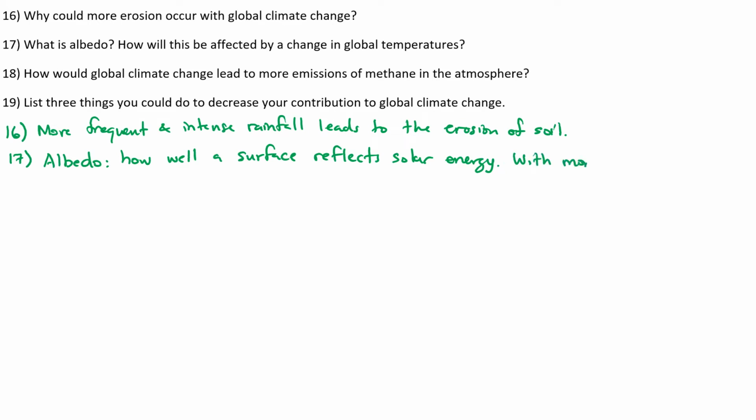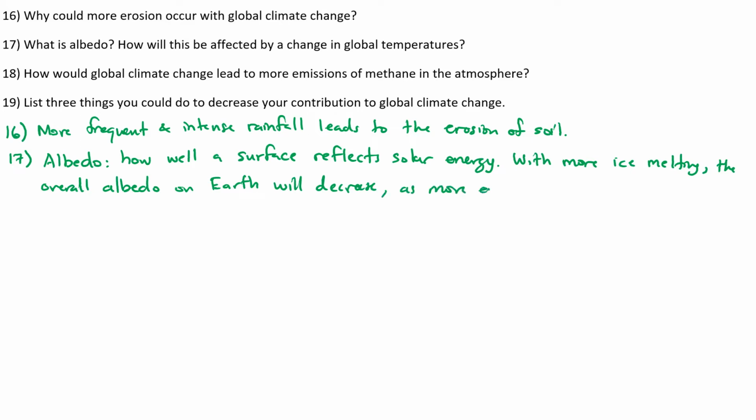With more ice melting, the overall albedo on Earth will decrease as more energy is absorbed by the surface rather than being reflected.